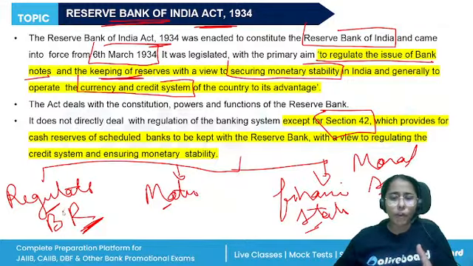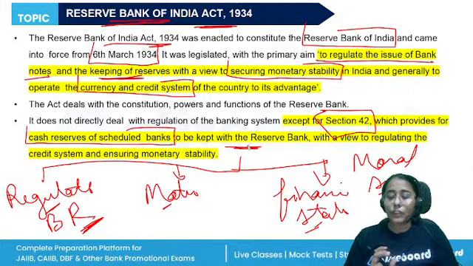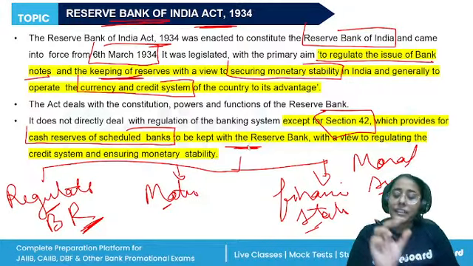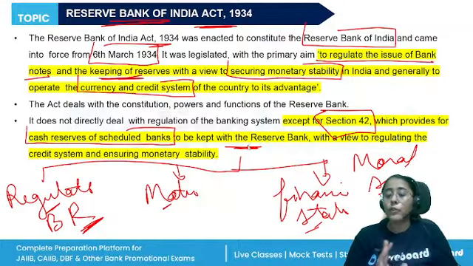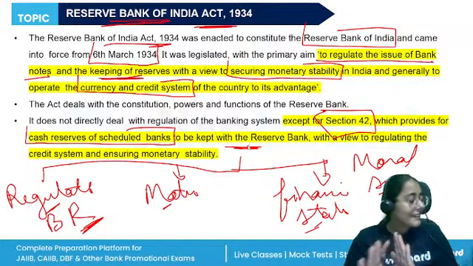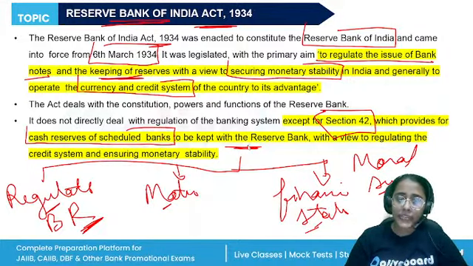Section 42 of the RBI Act provides for the cash reserves of the scheduled banks to be kept with RBI. Banks are required to maintain the cash reserve ratio and the statutory liquidity ratio that is given in section 42. Other than that, the RBI Act does not directly regulate the banking business, right?